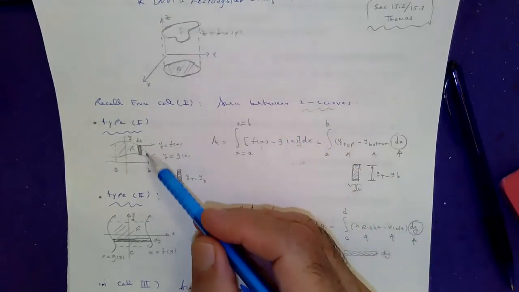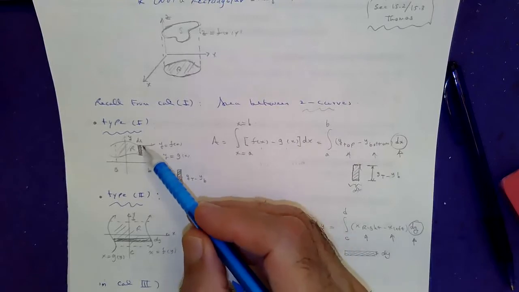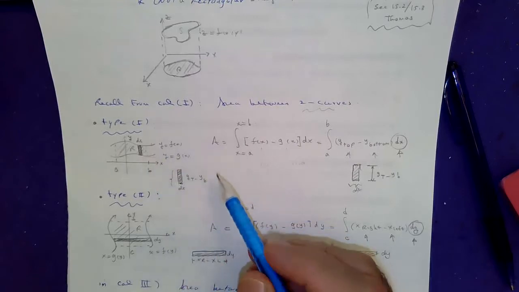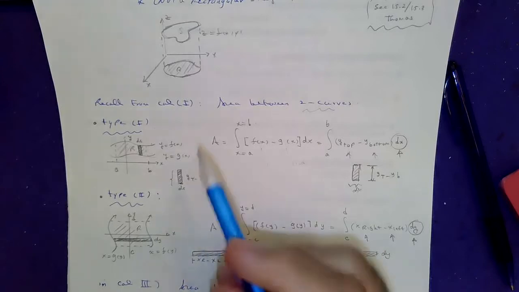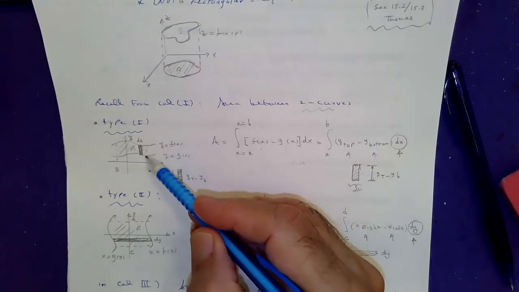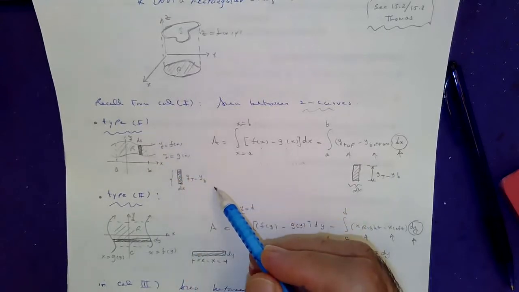Well, if you had functions, then you took a rectangular element between the two functions. The width of that rectangular element was dx, and the length was y of the top minus y of the bottom.